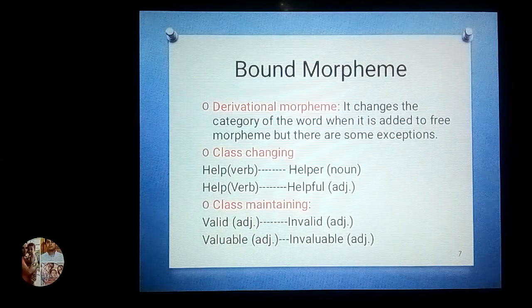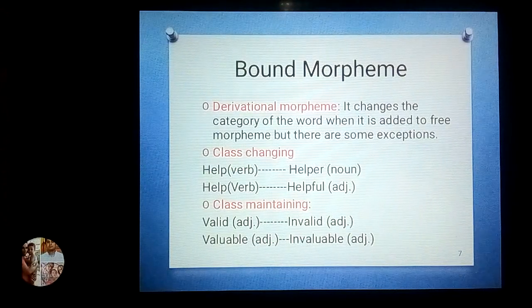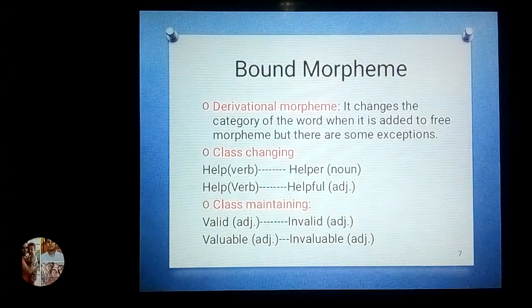For example, help, helper, helpful. Here help is a verb, helper is a noun, and helpful is an adjective.